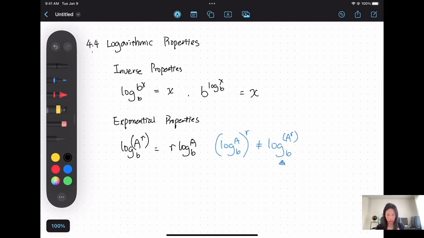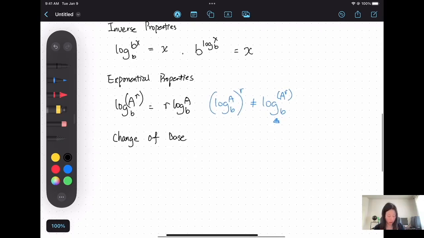All right, so the next one is change of base. With this one, it can help us use a calculator to calculate the value of a log. So log base b of a, can be written as log base c of a over log base c of b.